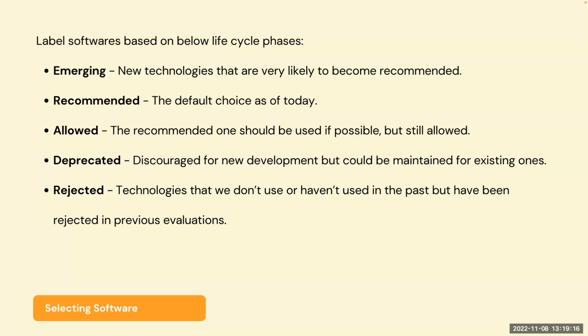And for deprecated and rejected categories, if you have anything using deprecated, it's fine, you can use it, but if it's rejected, there is probably a strong reason, like a security bug or something which you have to avoid. It could be part of the company security policies you have to follow.